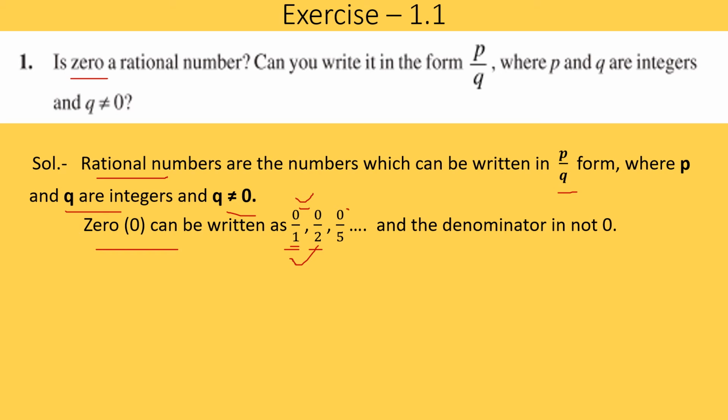Third case, 0 upon 5: p is 0, an integer. q is 5, an integer. And q is not equal to 0. In all the cases, the denominator is not 0. That means 0 is a rational number. And when it's a rational number, we can write it in the form of p by q.